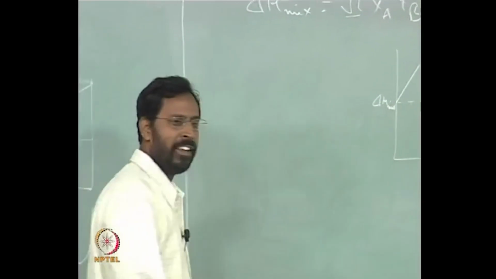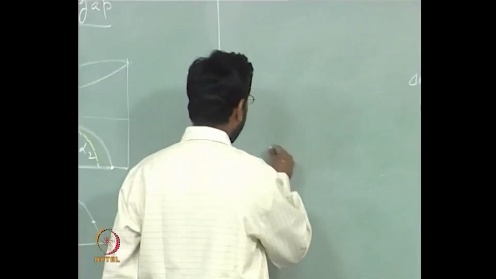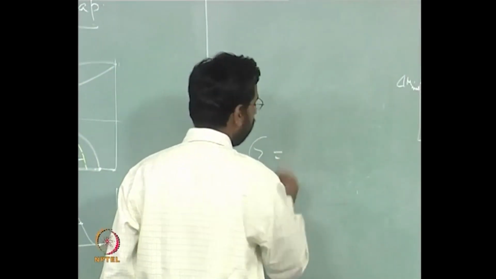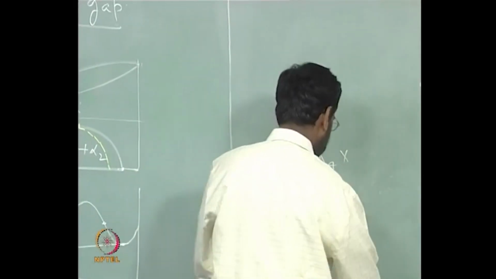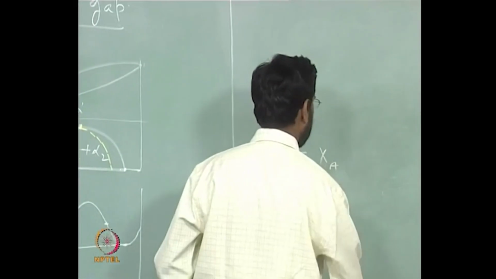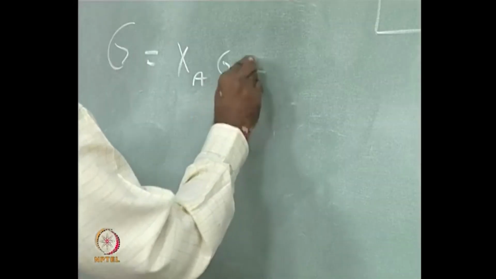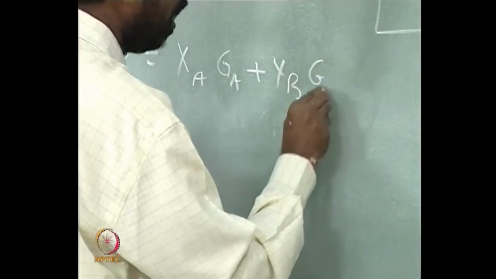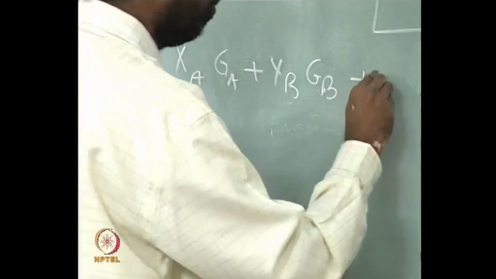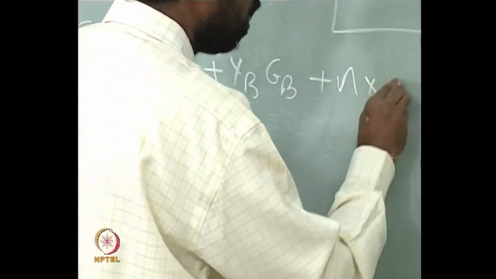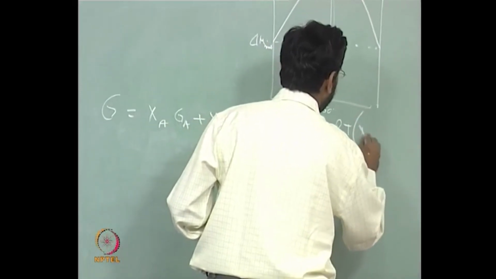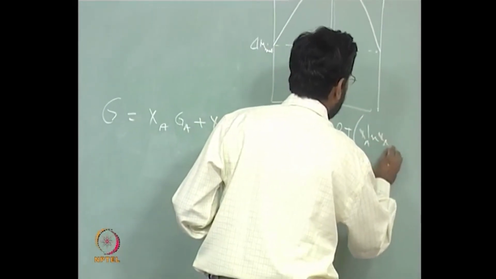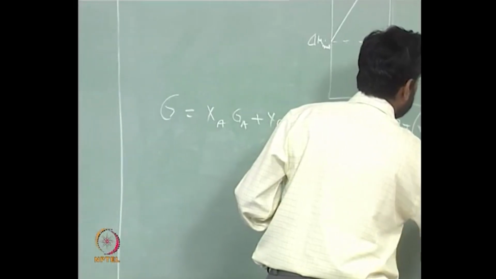So, I said the easy way is to see what is the free energy. G is xa ga plus xb gb plus omega xa xb plus RT (xa ln xa plus xb ln xb).